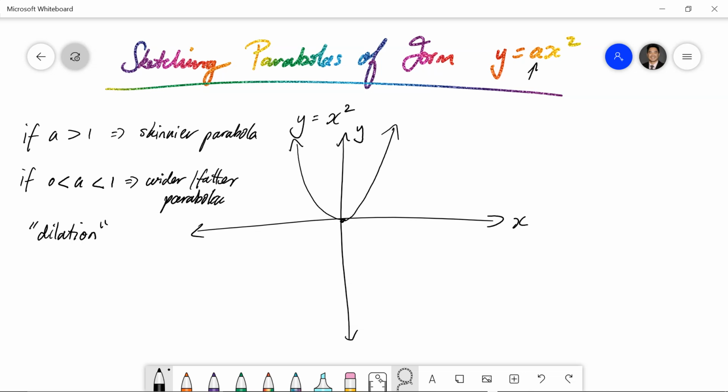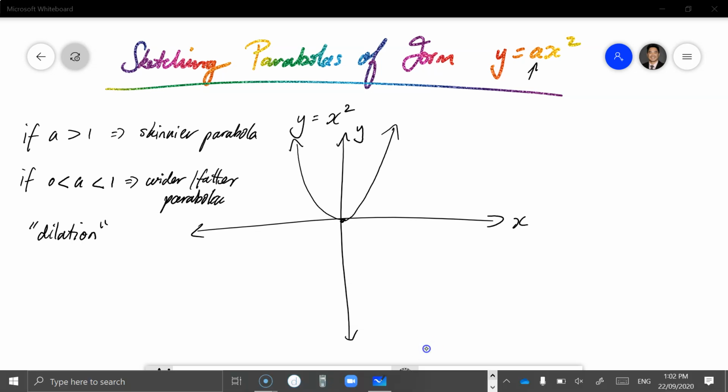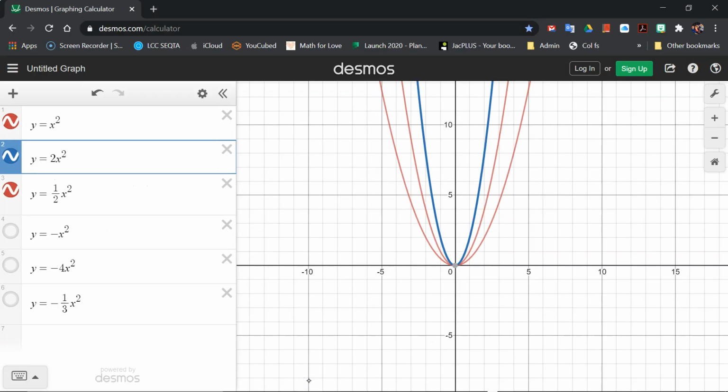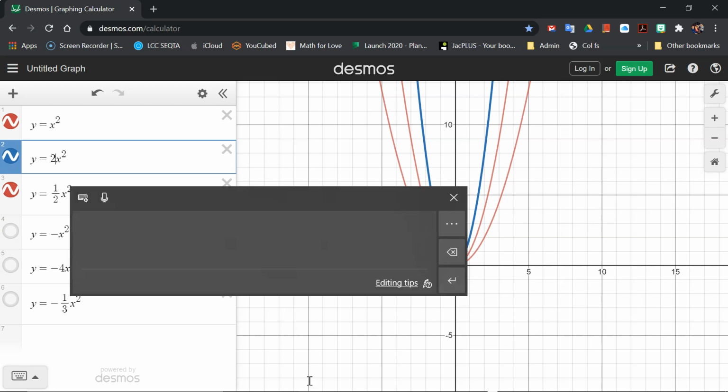I don't know if that analogy helps, but dilation, wider or skinnier, is basically the description of the effect. So what we have here in terms of our graphs, we've just compared what it's like to change things up.